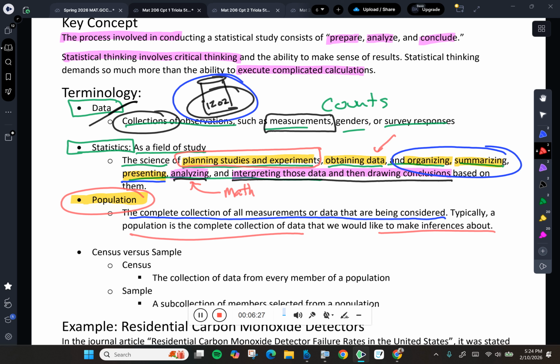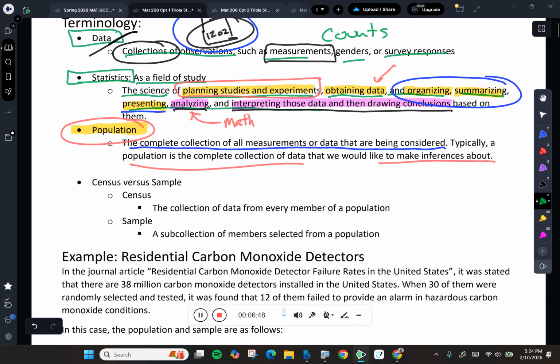Even if I could find a way to measure how much soda was in a can without having to dump it out, the sheer volume of cans that I would have to measure would make it impossible. So while populations are what we would strive to gather data from, we rarely ever do. Right? We normally gather data from a sample.